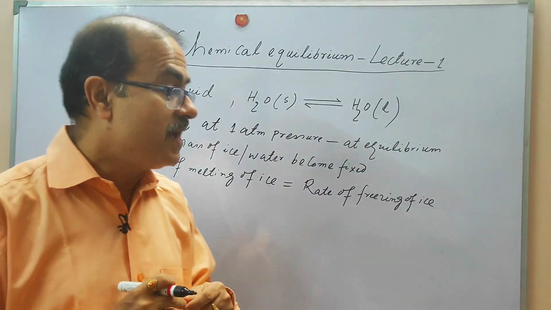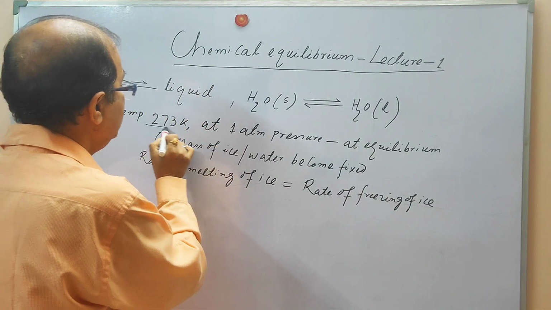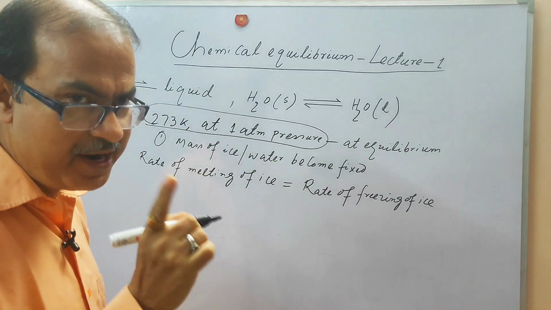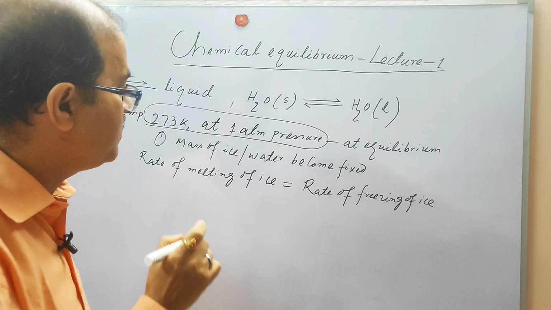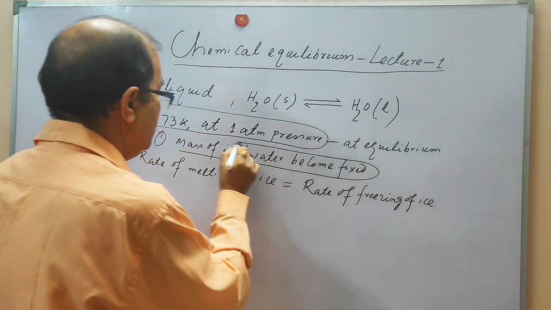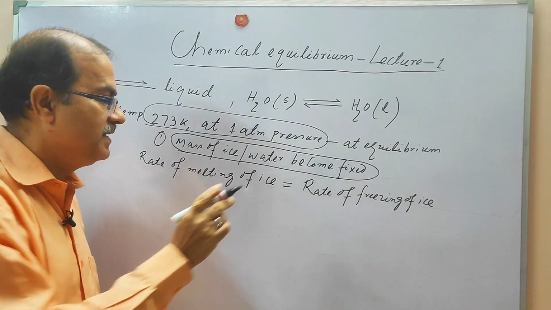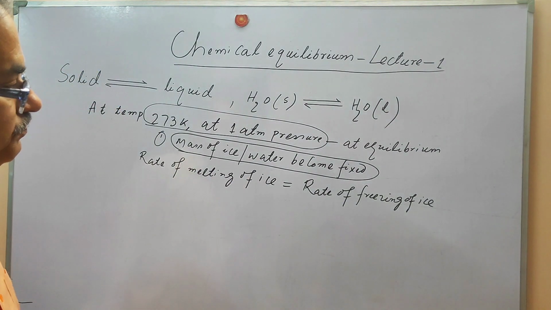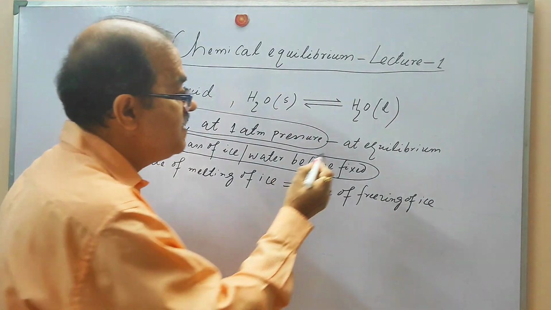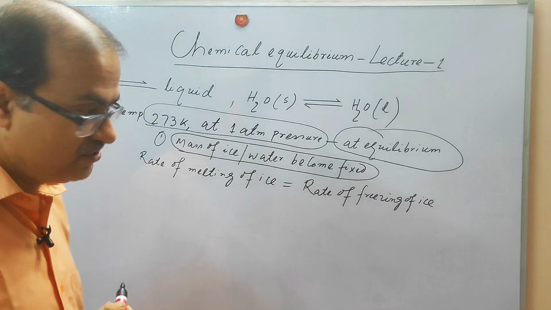Obviously, this is achieved at a particular temperature and particular pressure. So the mass of ice and water becomes constant because the rate of melting of ice is equal to the rate of freezing of the ice. That means this physical process has reached the equilibrium stage.